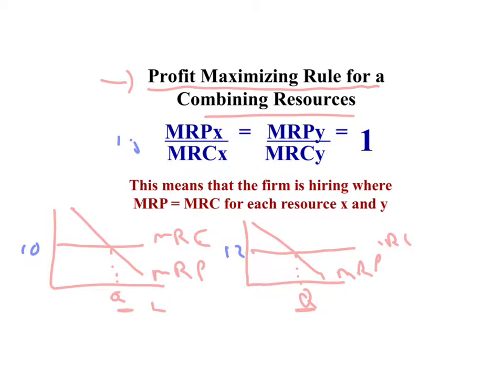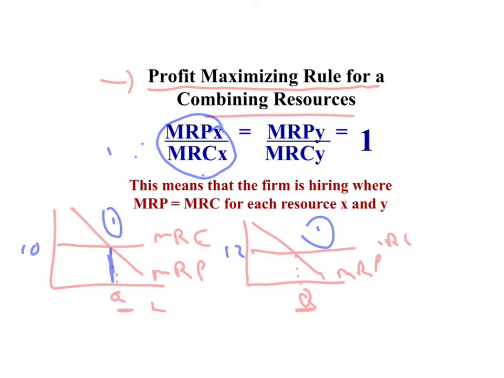The key thing with this is that it doesn't necessarily mean that 10 has to equal 12. Where MRP is intersecting with MRC doesn't necessarily have to be the same number, but if MRP is equal to MRC, this fraction will always be 1. And it should be 1 for labor, and it should be 1 for capital, 1 for flour, or whatever, okay?